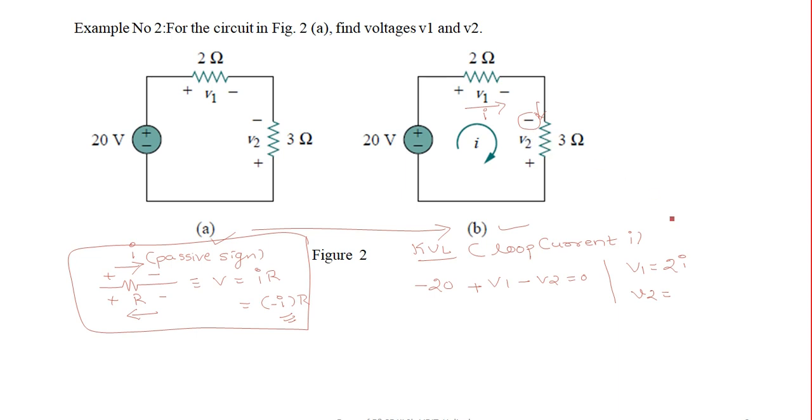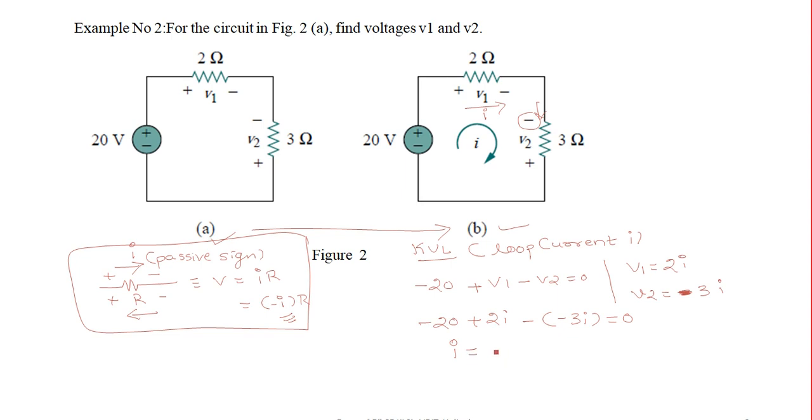V2 will be negative of 3 times I. So if I utilize these things here, what I will get is minus 20 plus 2I plus 2I, then minus of minus 3I equal to 0. Okay, now you can find the value of I.